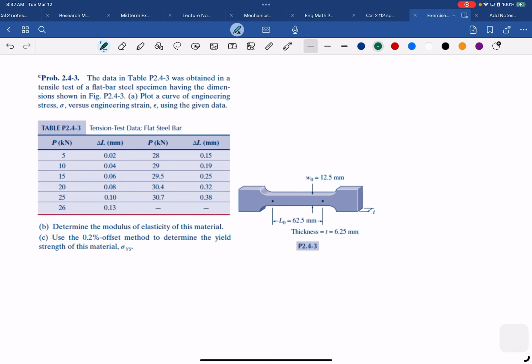You are given the data. And I think for our case, as long as you understand how to read the curve and know how to get the data and the formula, I think you should be okay for the general courses.